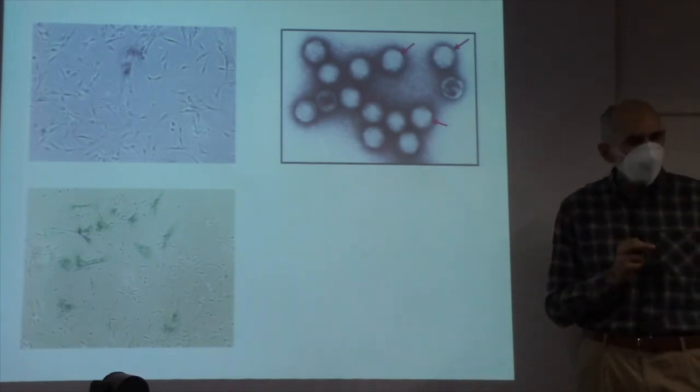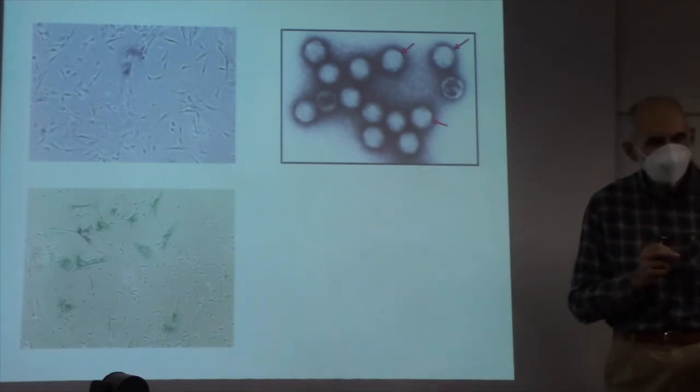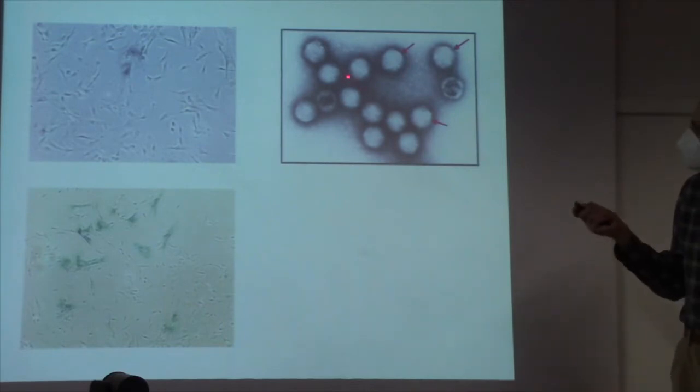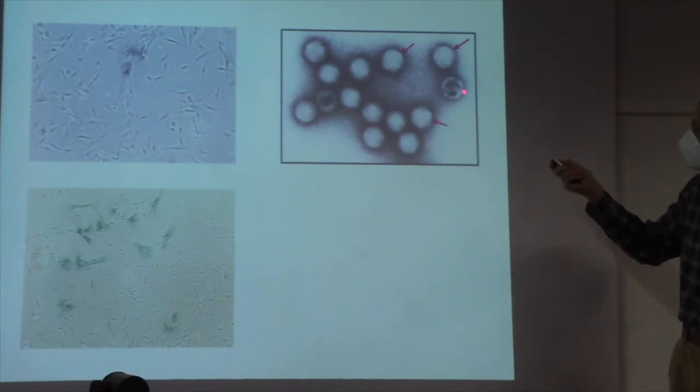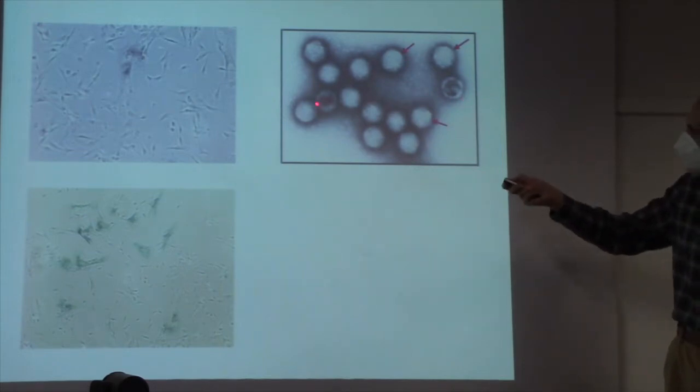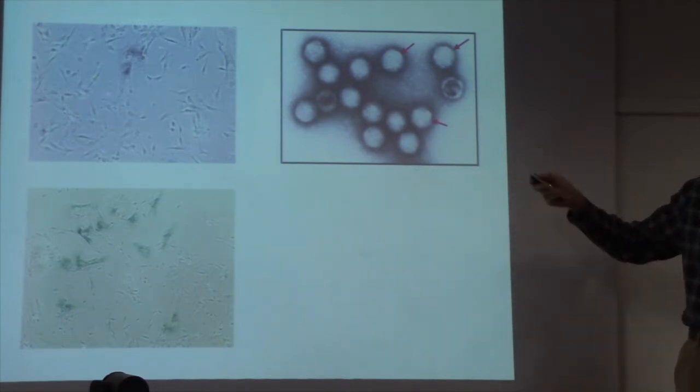Now, the difficult task I was mentioning is this. We don't only want to count viruses. We only want to count infectious viruses, excluding the pseudo-virions, which are sometimes obvious morphologically, so these are clearly defective viruses.